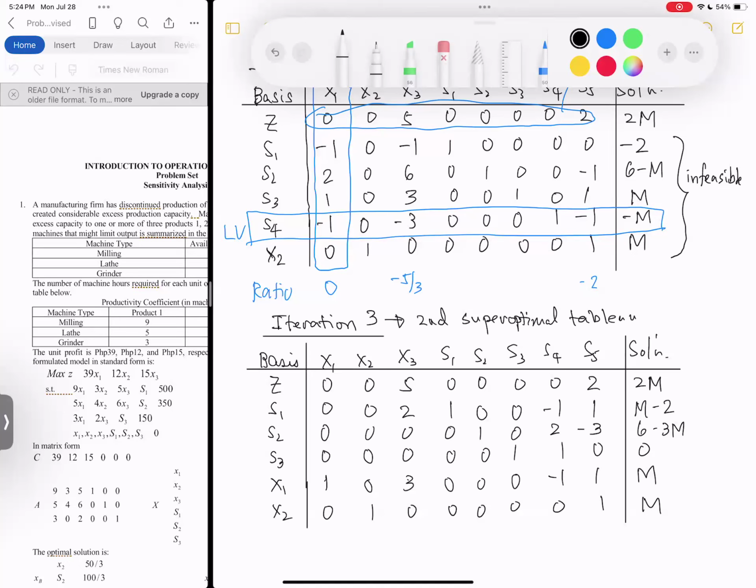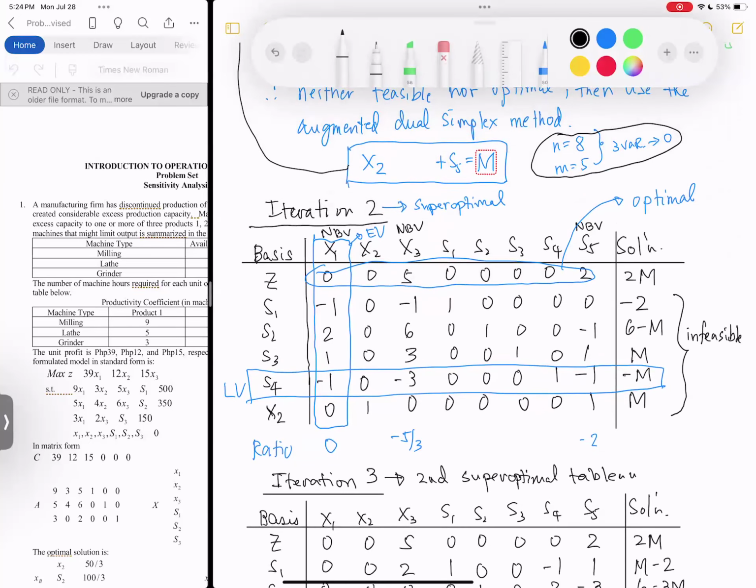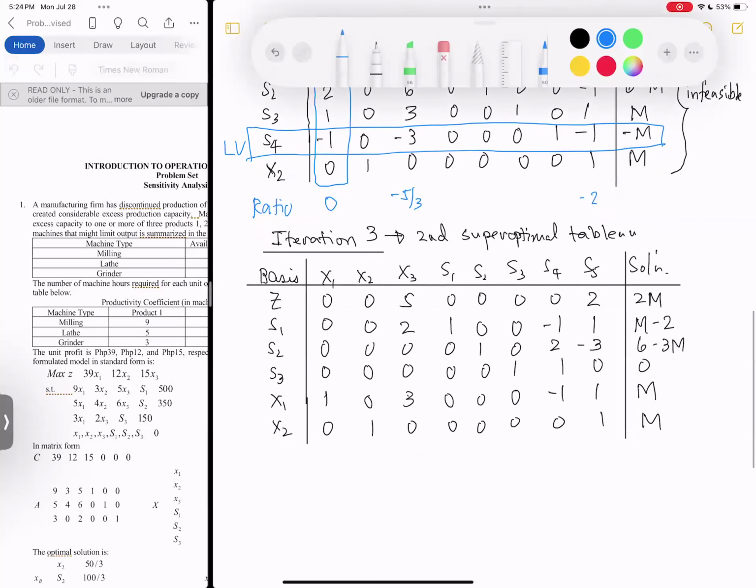Right? It's iteration 3, but it's your second super optimal tableau, whereas this one is your first. That's your first super optimal tableau. This is your second super optimal tableau.